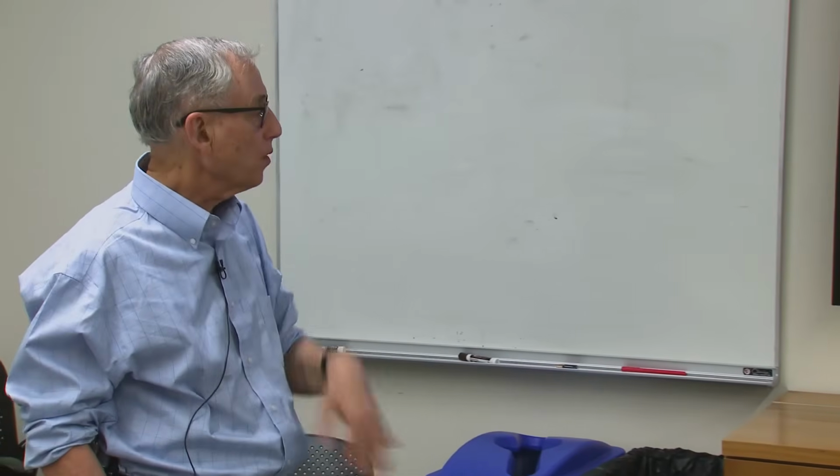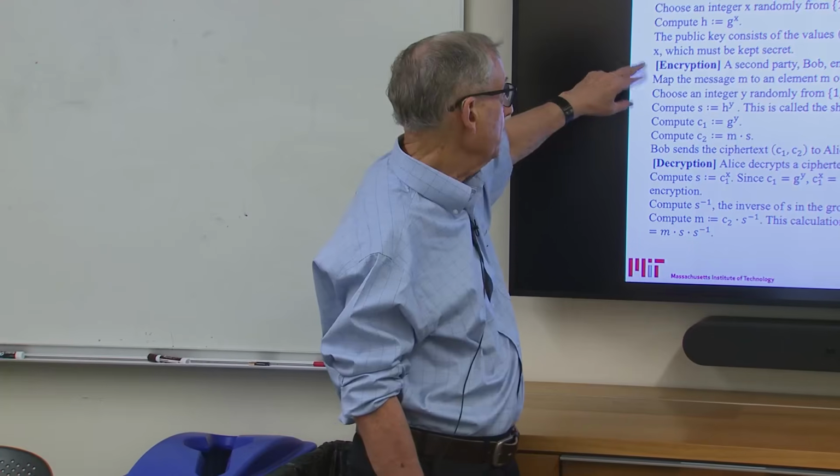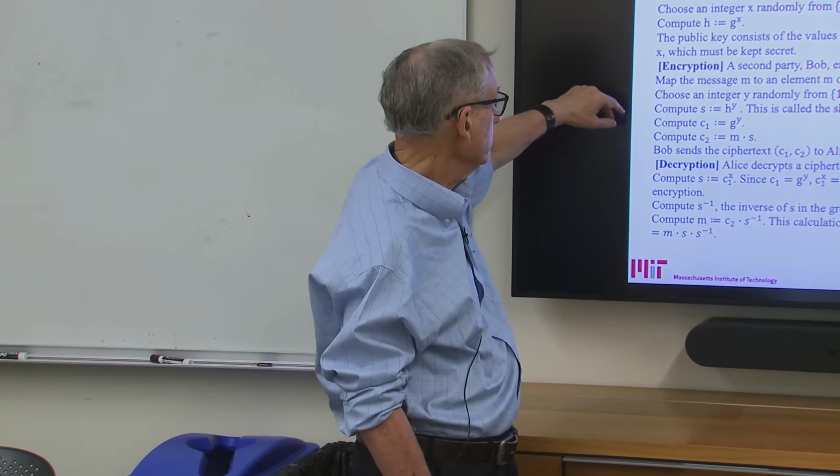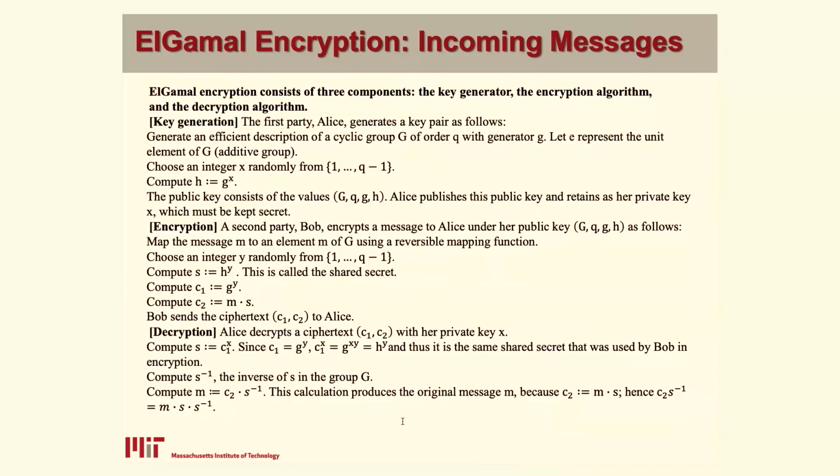You can go back and forth to the representation of objects. In this case, mapping it into G itself. Then Bob now chooses another random number, Y, again, from no larger than Q minus 1. And Bob computes using H, which is known, H to the Y, something called a secret or a shared secret.